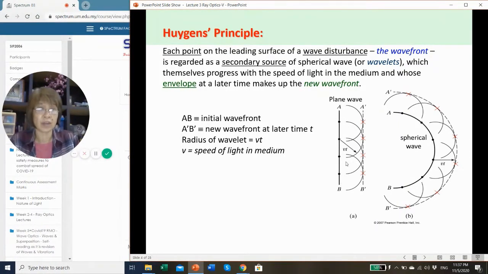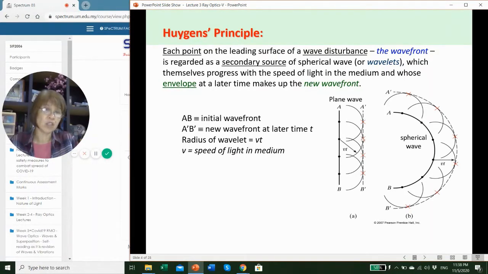On the wavefront, you have points which are taken to be secondary sources of spherical waves, or wavelets, which themselves would propagate with the speed of light in the medium, and at a time t later, the distance moved is v times t. This particular point would have propagated up to here. The spherical wavefront would have reached here.